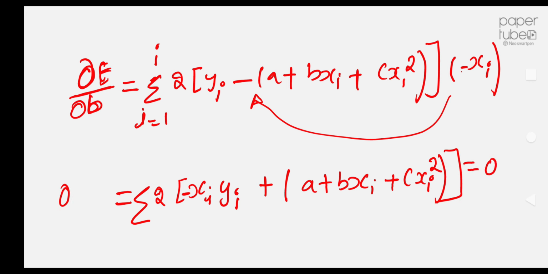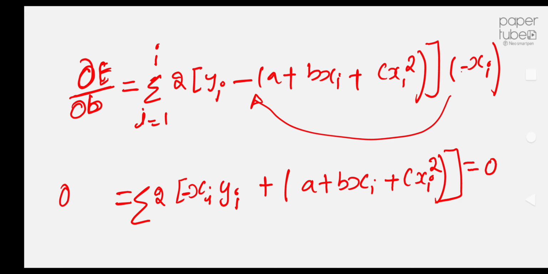So you get an equation that looks like that. This is your equation 2. Sorry, this should be, since you're multiplying by xi, this is not correct. If you multiply xi with all the terms in this equation, you get ∂e/∂b with respect to b, summation i equal to 1 to I of 2 (xi yi - a xi - b xi² - c xi³).